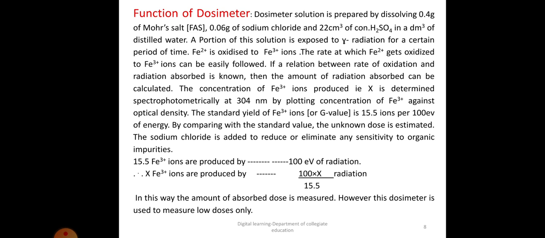That is, 15.5 Fe3+ ions are produced by 100 eV of radiation. Therefore, X Fe3+ ions are produced by 100 into X divided by 15.5 eV of radiation. In this way, the amount of absorbed dose is measured. However, this dosimeter is used to measure low doses only.